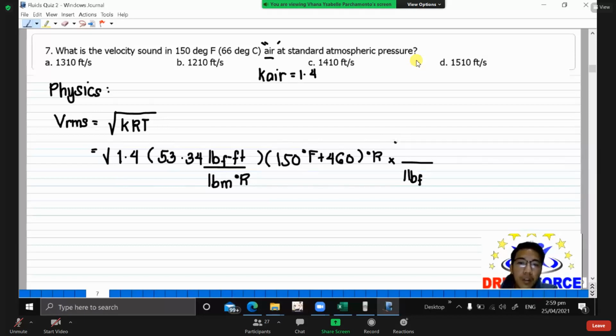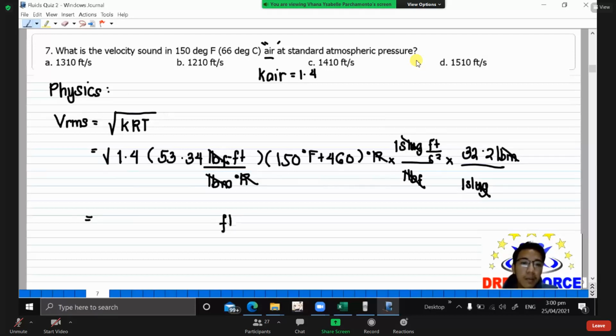Yung 1 pound force, that's equal to 1 slug feet per square second. Then in 1 slug, we have 32.2 pound mass. Okay, cancel pound force, slug, pound mass, Rankine. Matitira dito is feet times feet. So feet squared per square second. So taking the square root, meron kang feet per second.